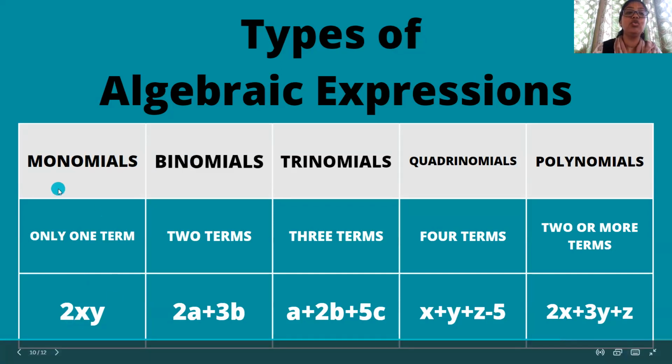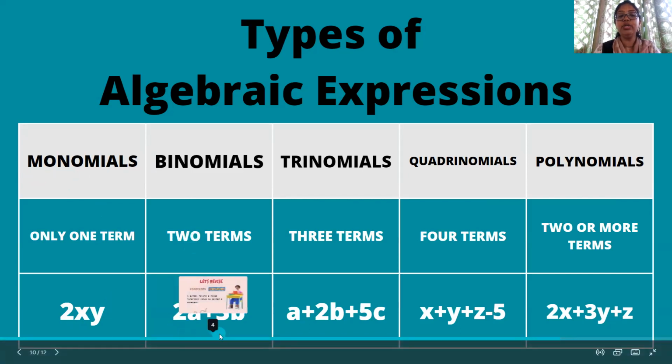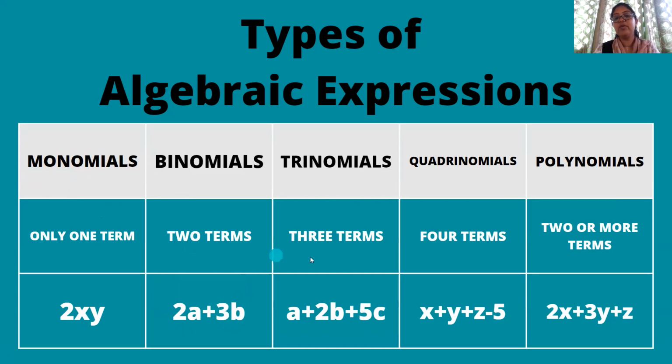Therefore, it is known as a monomial. Mono means 1. Bi means 2. So when we have 2 terms, it is known as a binomial. When we have 3 terms, it is known as a trinomial. 4 terms, quadrinomial. But remember, more than 4 all come under polynomials. But binomials, trinomials, quadrinomials also come under polynomial.